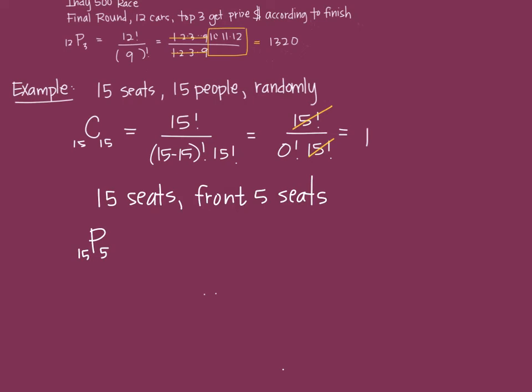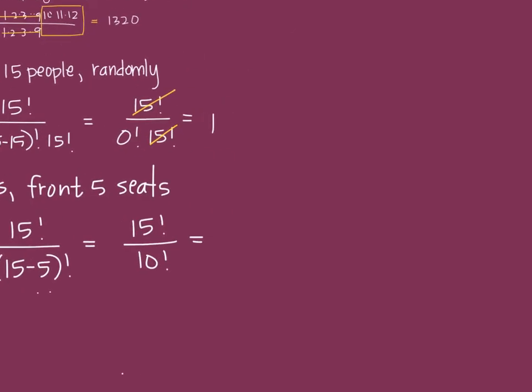So 15 P 5. So that would be 15 factorial over 15 minus 5 factorial, or 15 factorial over 10 factorial. And so the numerator has 1, 2, 3 all the way up to 10, 11, 12, 13, 14, 15.